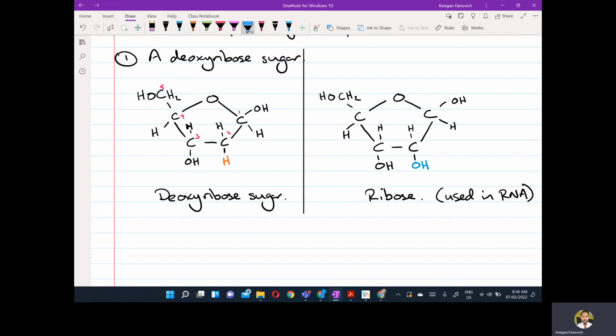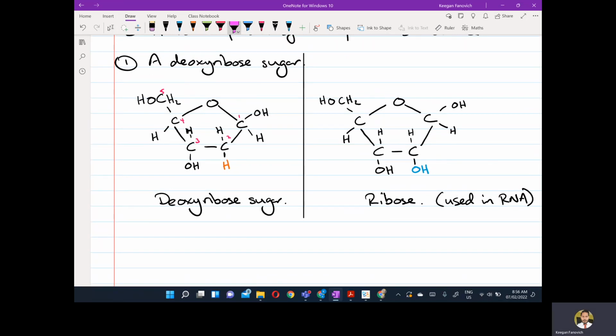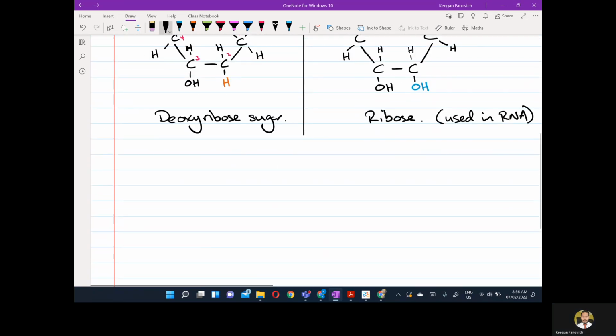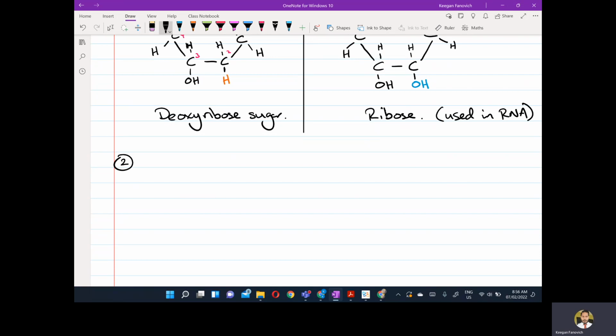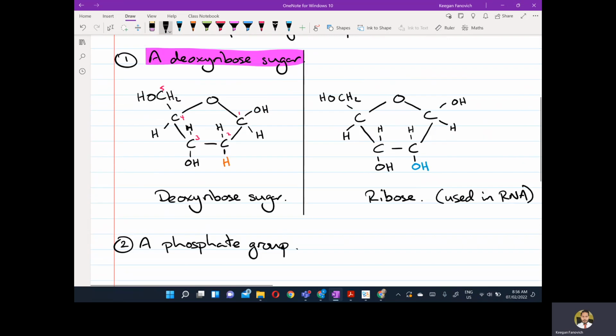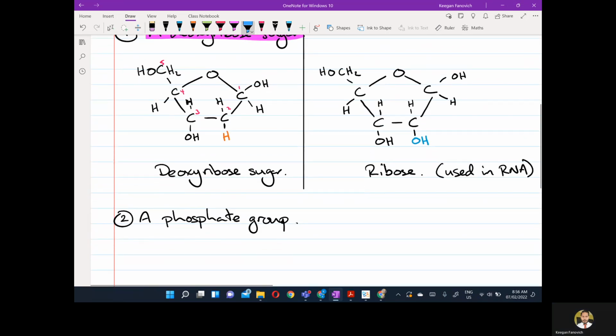The next component is the phosphate group. So you need a phosphate group or a phosphate molecule. This is your second component of DNA, the phosphate group.